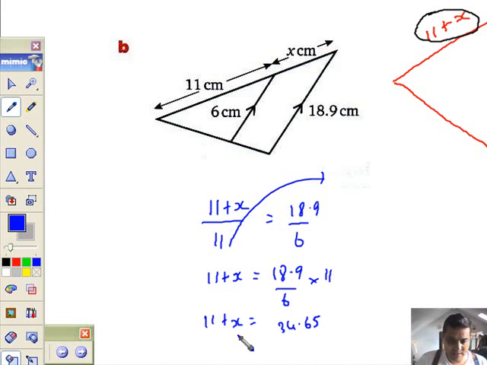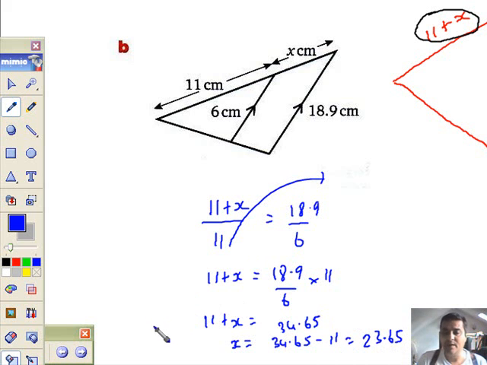I hope to squeeze in my answer here for X. Well, clearly take the 11 over next door and subtract. So that's going to be 34.65, I'm going to subtract the 11, and I have an answer for X of 23.65.